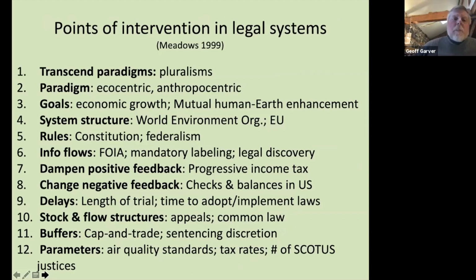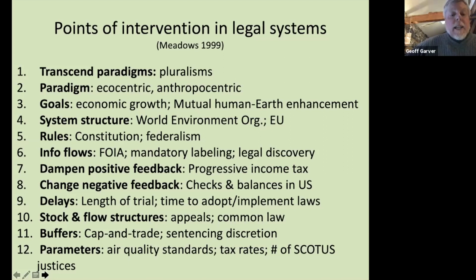So one aspect of this assessment tool is to identify points of intervention in legal systems. So ways in which you can affect larger system-wide change. And at the deepest part of a system are the paradigms, and even in transcending paradigms, where you have a pluralistic view of the various paradigms that apply. And then deep-seated goals, things like economic growth, or, as I just said, mutual human-earth enhancement, and all the way up to more superficial things.